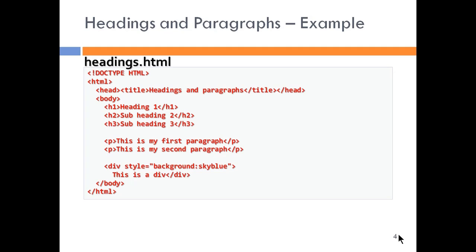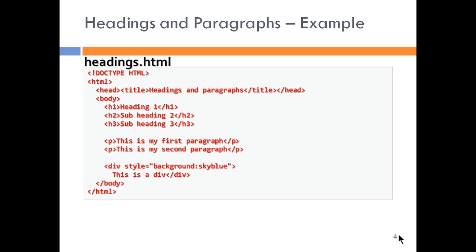So see the format. The division tag, angular bracket, division tag, style is equal to background sky blue, then we are closing the angular bracket. So this is one tag. From the starting of this angular bracket to the closing of the angular bracket, this is the division tag, and in that tag we have written the style attribute having the value background sky blue.